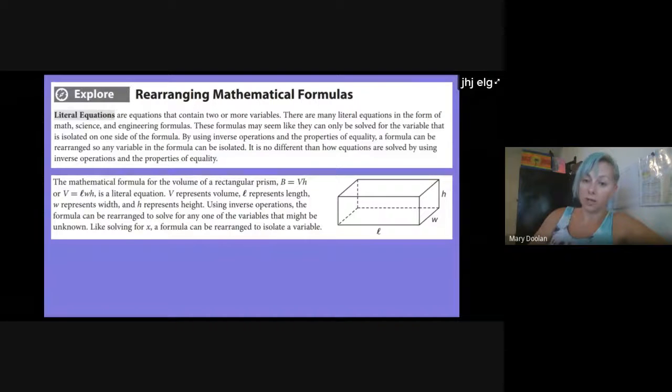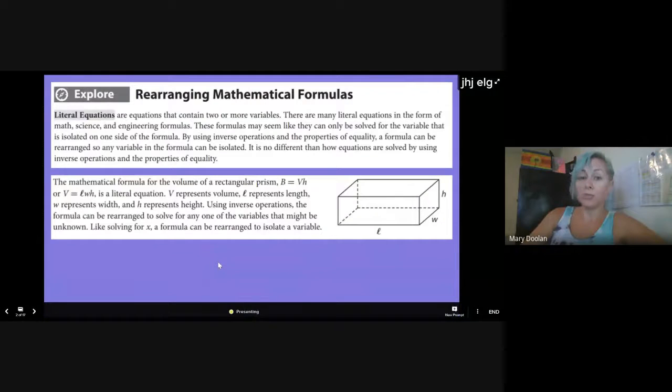An equation with just one variable, like 3x plus 4 equals 100, we know how to solve: we use inverse operations and do the same thing to both sides. Same thing here with the literal equation, except there are more variables involved. So we just do the same rules, and our answer isn't a single number. It's going to be an expression.